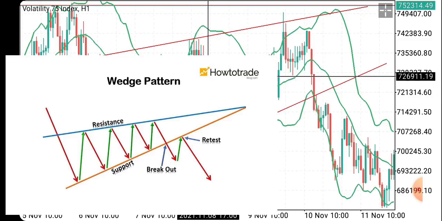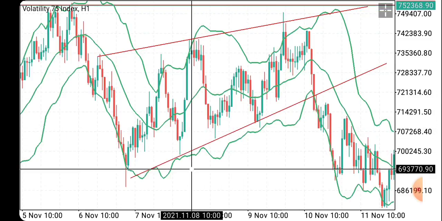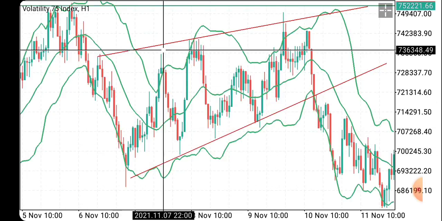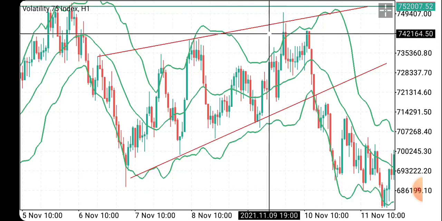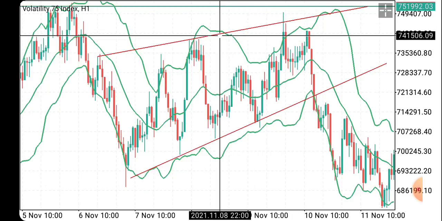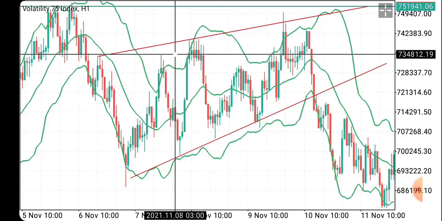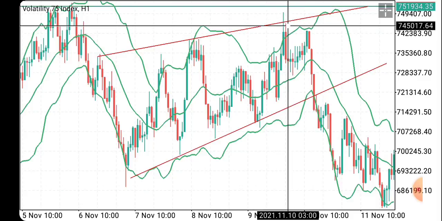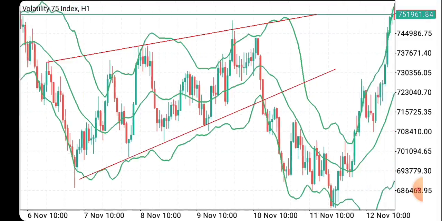Around the lower trend line is where the lower Bollinger Band is, and up here the upper Bollinger Band is around the upper trend line. So that's multiple confluence of entry, and as price came the second time, the third time was around this area where there's the trend line. So entering here would have been good timing with multiple confluences.